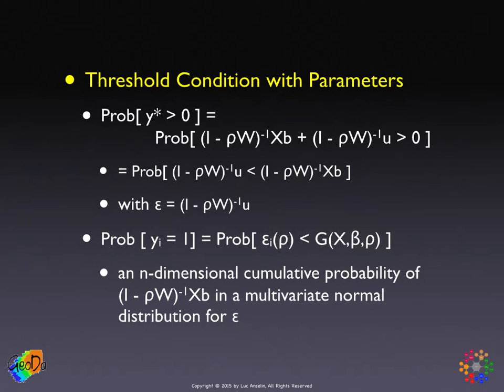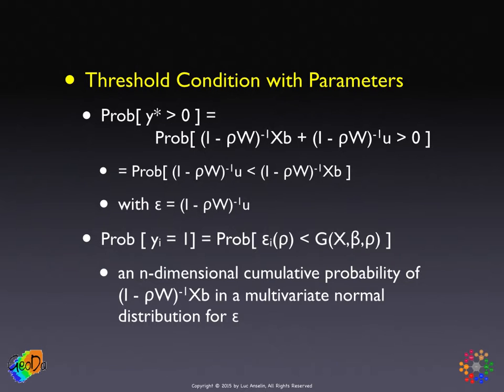For simplicity's sake, we can write this as the probability of epsilon sub i, as a function of rho and the weights, less than a complex expression in the explanatory variables, the beta parameters and the rho parameter. This is quite complex because we really need to evaluate it in n dimensions.